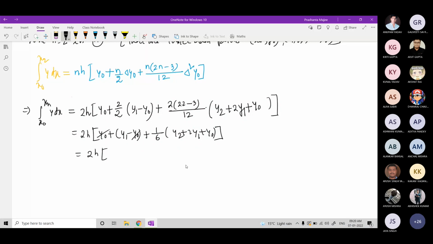Tell me what you are getting. Sir, y0 plus 8y1 plus y2 by 3 into x. Okay, let us simplify it. So you're getting 6y1 plus y2 plus 2y1 plus y0 by 6.